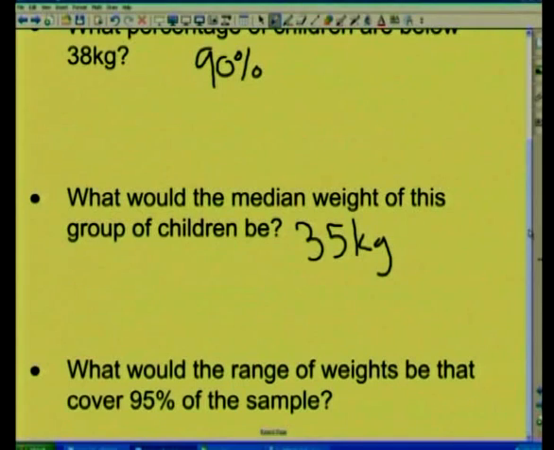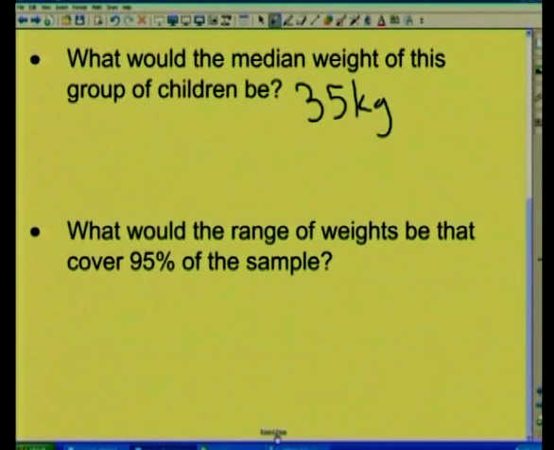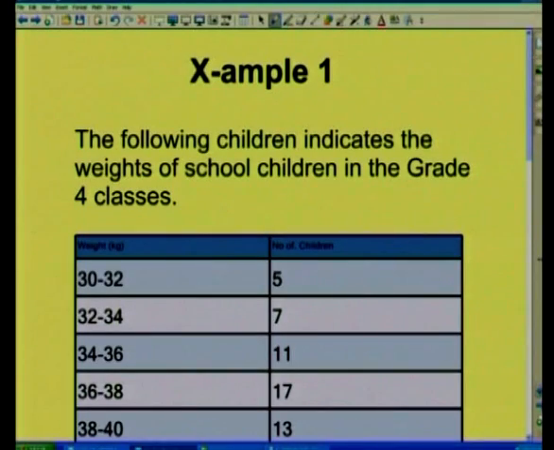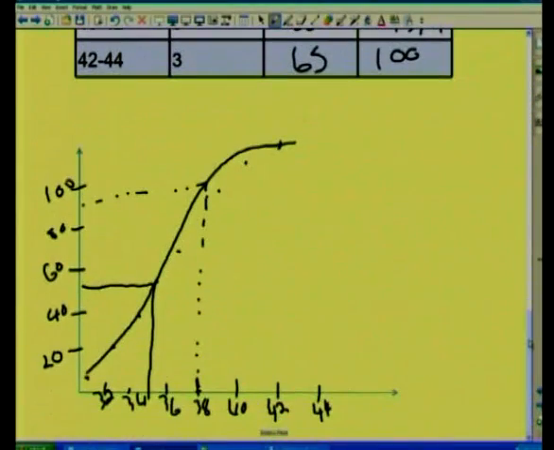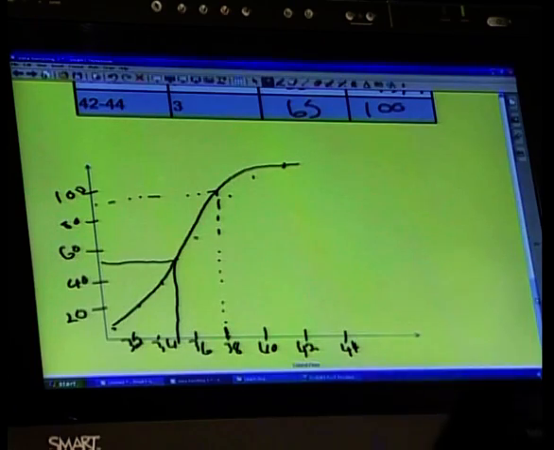Another question that they like asking is what would the range of weights be that cover 95% of the sample? Remember, for 95%, we're talking about the 2 standard deviations. So really what I'm asking here is what is the range within which 95% of the sample would fall, or what would be the range for 2 standard deviations away from my mean, which was that 35 kilograms.